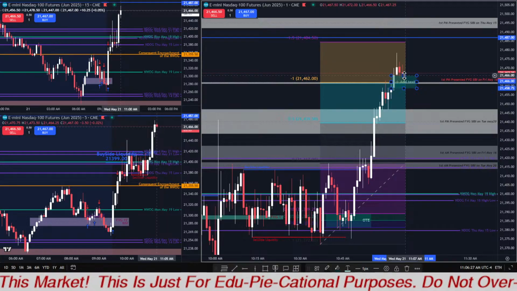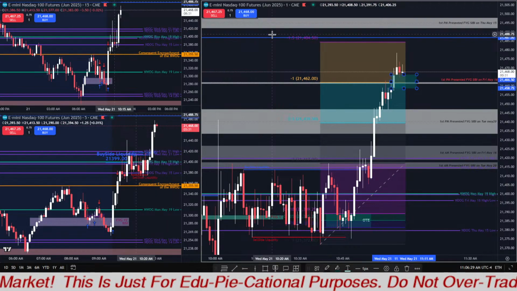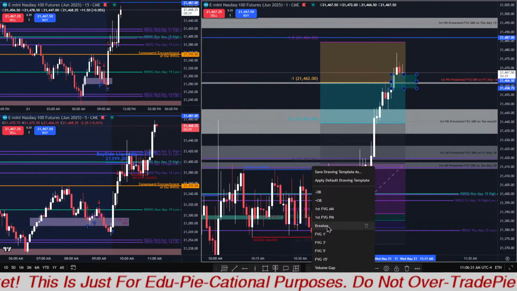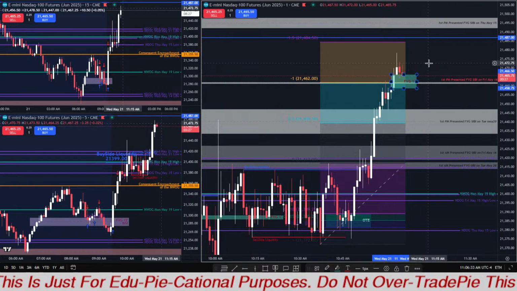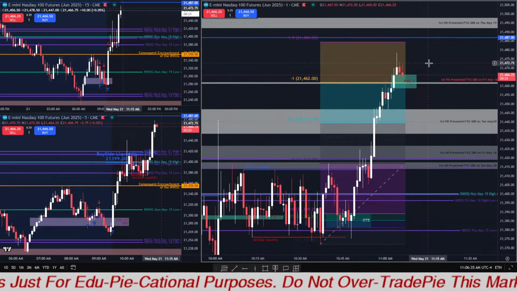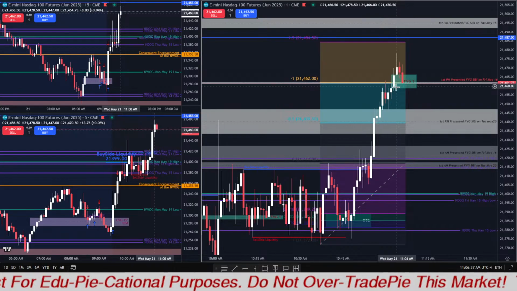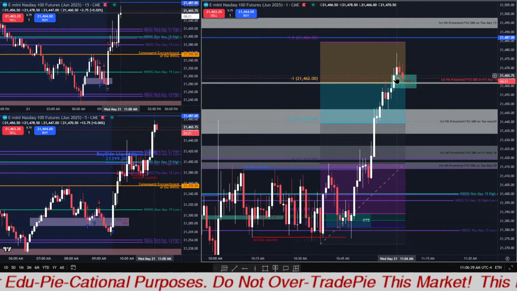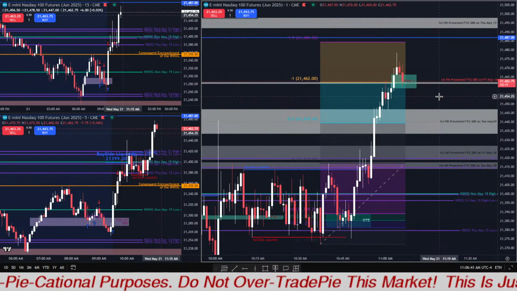Note that you have to consider also the volume imbalances over here. We have one volume imbalance over here and another one here.